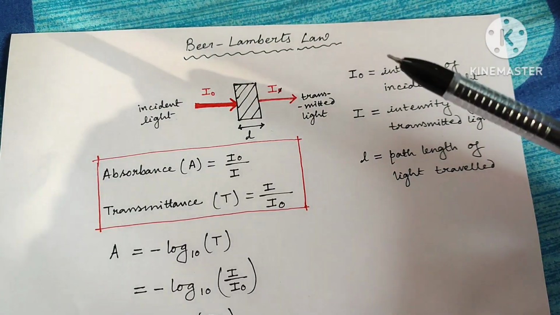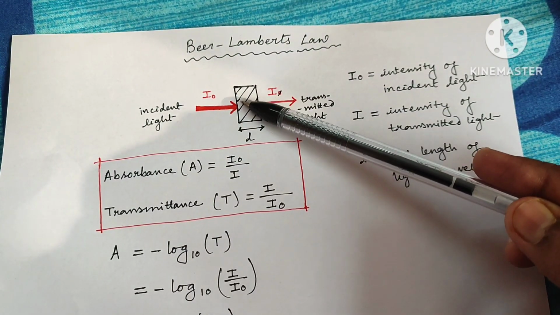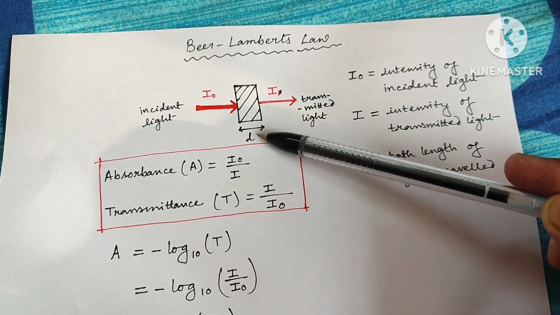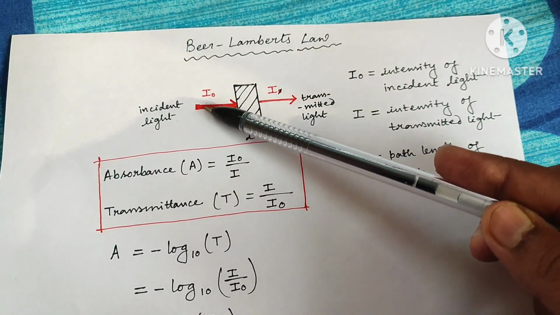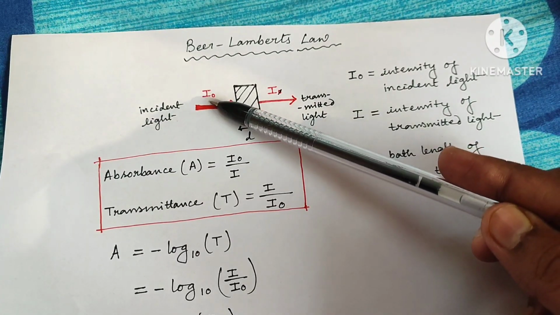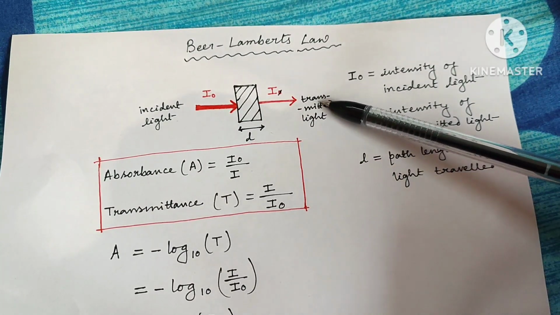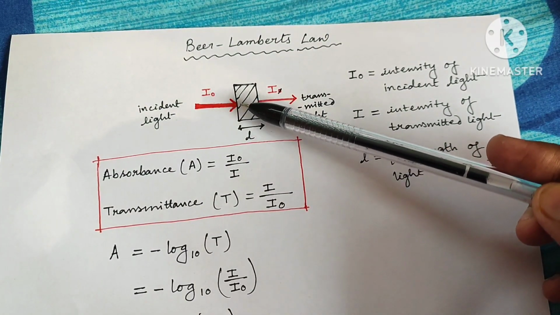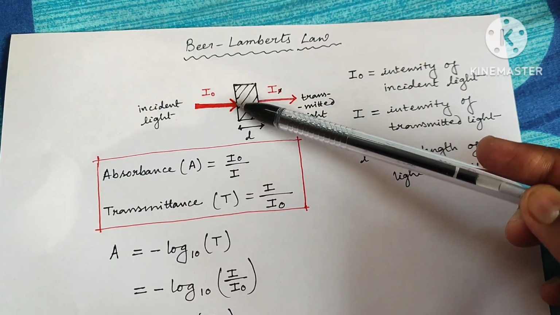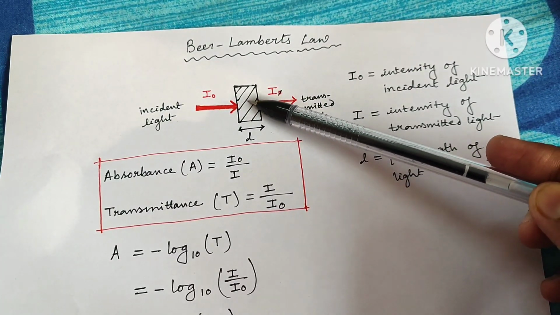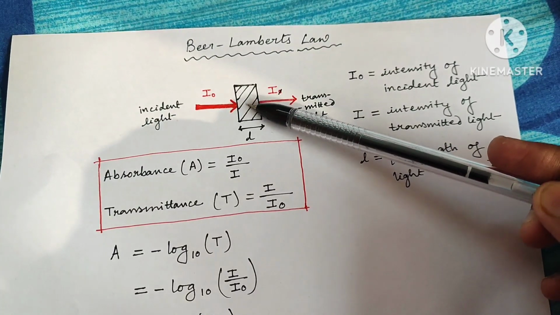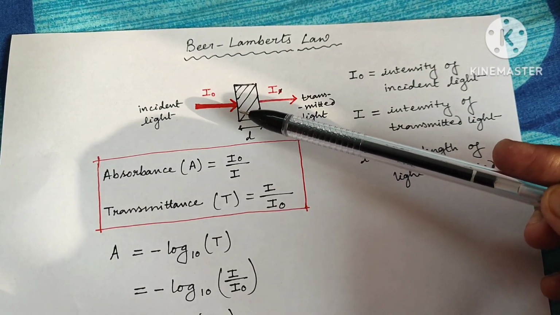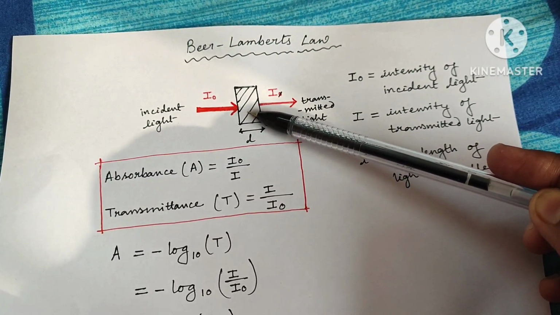How will we know? So see, let's say this is our sample or colored solution or our absorbing medium, and L is the length of that absorbing medium. This is the intensity of the incident light, that is I0, and this is the intensity of the transmitted light, that is I. When light is incident on your sample, the sample will absorb some light energy, some will be reflected or scattered, and the remaining will be seen as transmitted light.